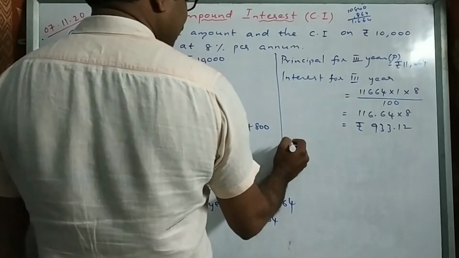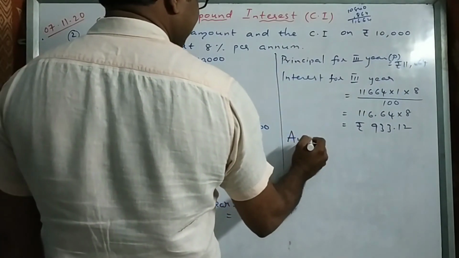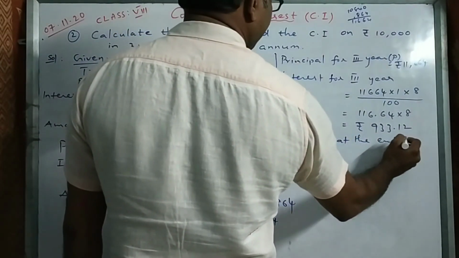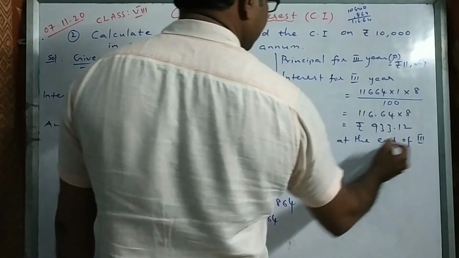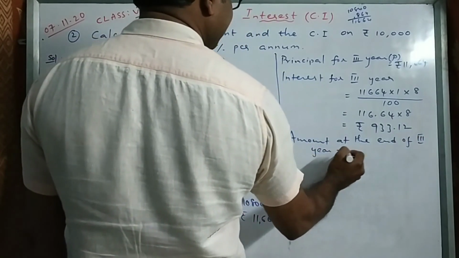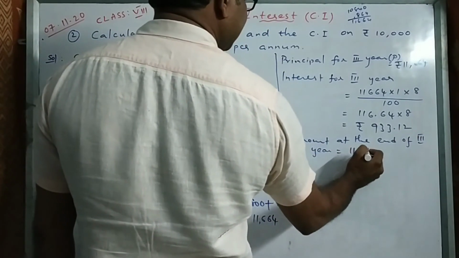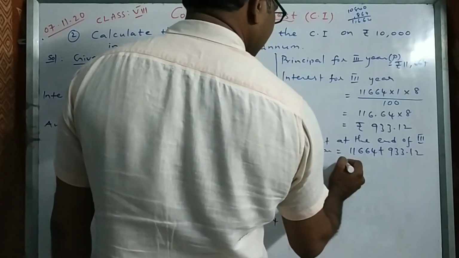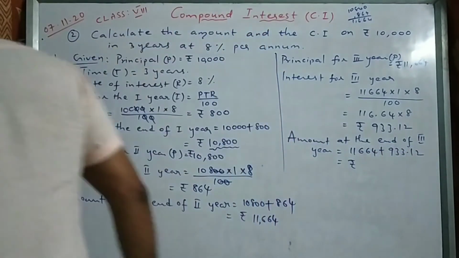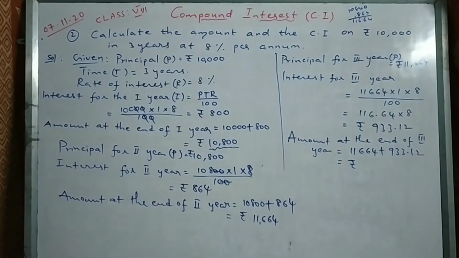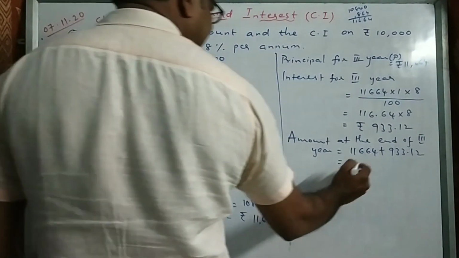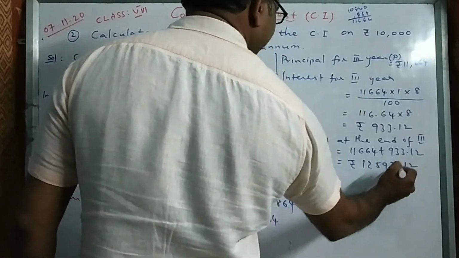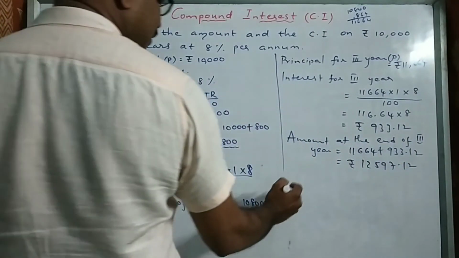Okay? Now amount at the end of third year: you must add 11,664 plus 933.12. How much amount does it become? 12,597.12. After decimal compulsory 2 digits should be there.